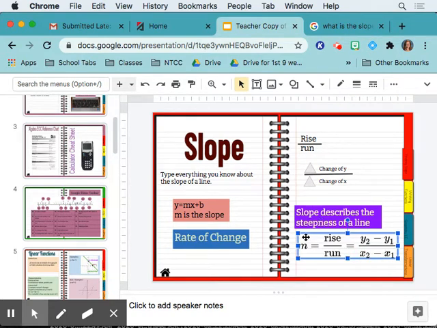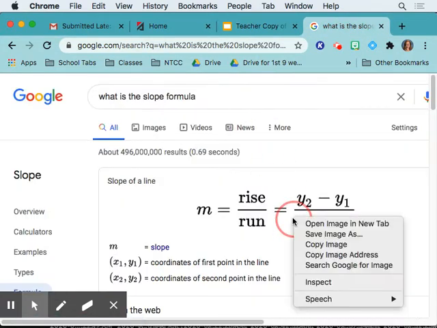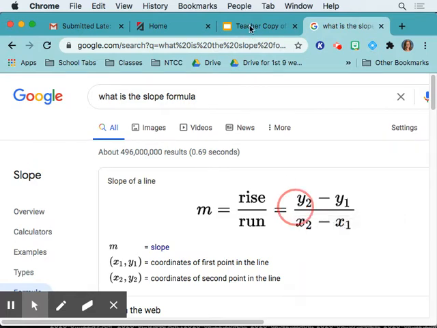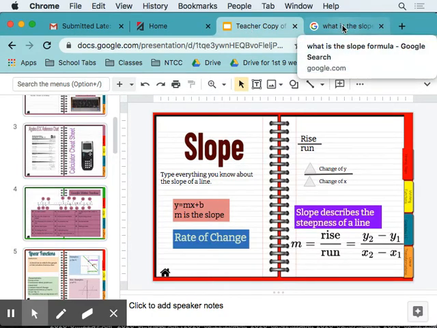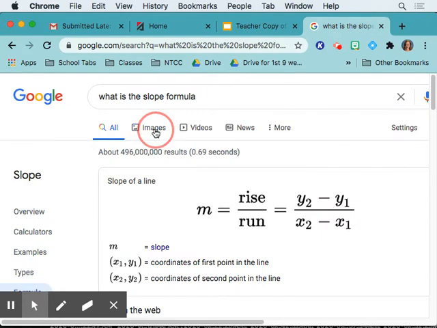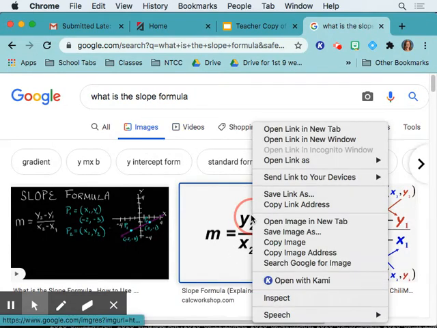What did you search up? Slope formula? What is the slope formula? And then I just right click and click copy image. Thank you for that. You have to click with 2 fingers. It says unable to create 2 images. Maybe go over to images and try that way.